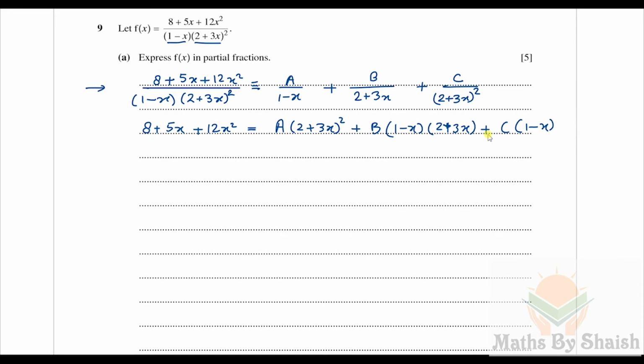Now we'll substitute some values of x so that we can get the values of a, b and c.